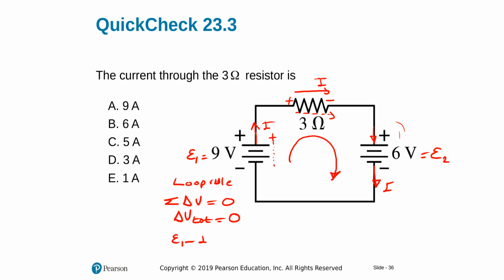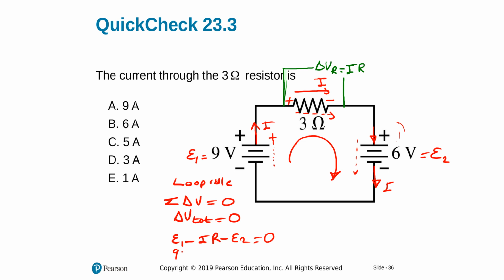I'll have minus I times R. That's my delta V R, and from Ohm's law I'm writing it as I times R, negative because I'm walking towards negative. So minus IR here. And for epsilon 2, I'm also walking towards negative, so it will also be minus.